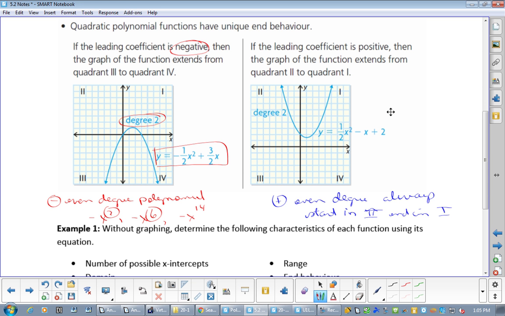And the negative even degree will start in 3, end in 4. Always, always, always. So a positive even degree would be like x squared, 5x to the 4, 7x to the 16.